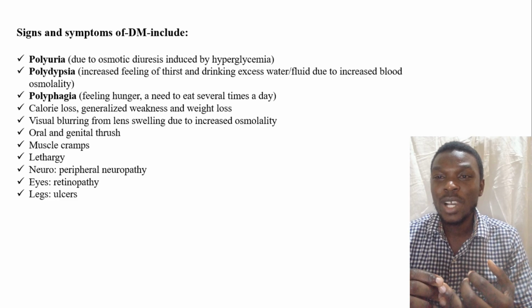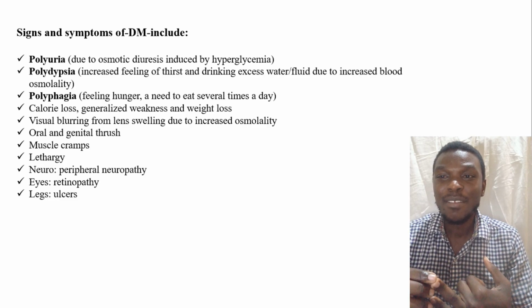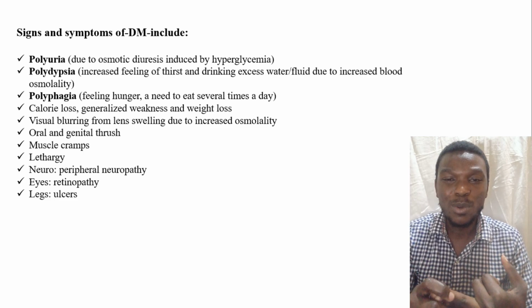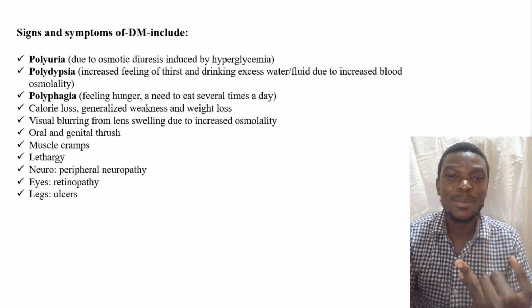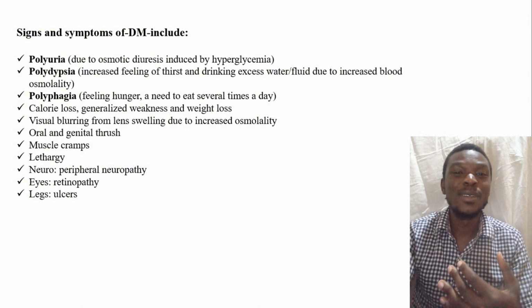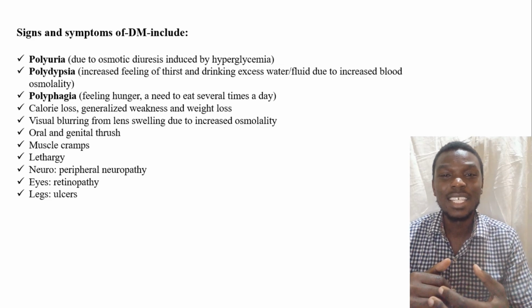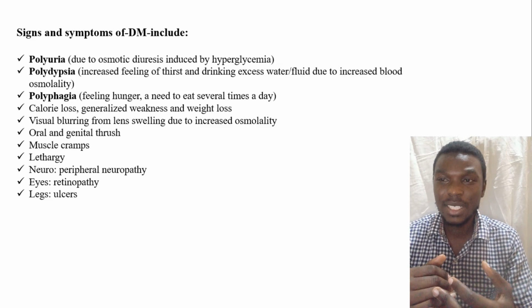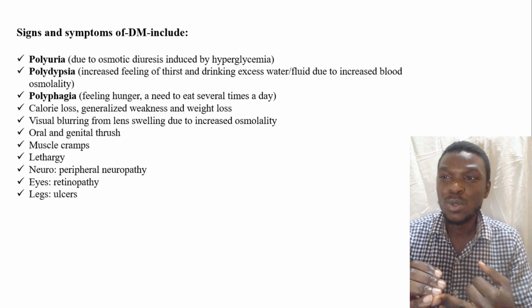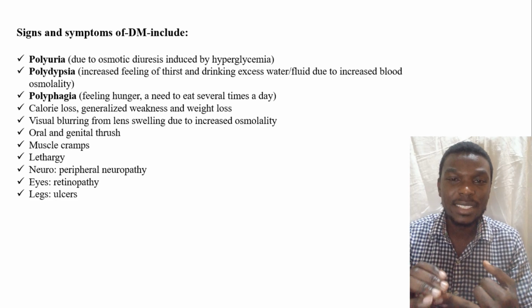Then they'll ask you, why is this patient having excessive thirst or drinking a lot of water? It's because of the same polyuria. The body is trying to replace the lost water. And also the thirst is due to increased blood osmolarity.